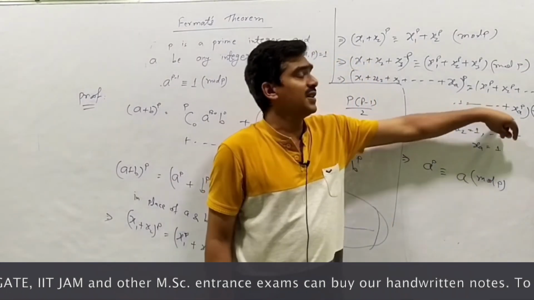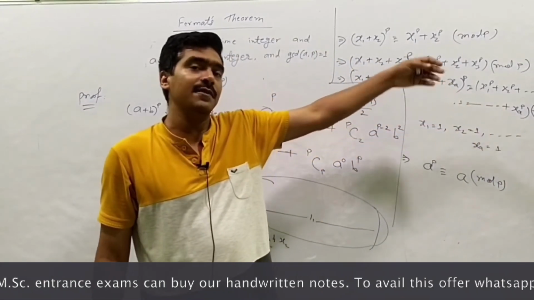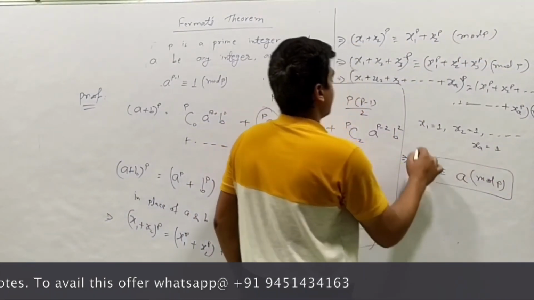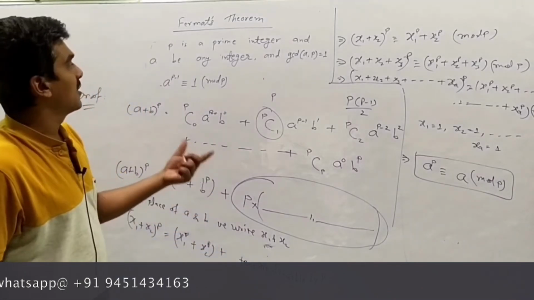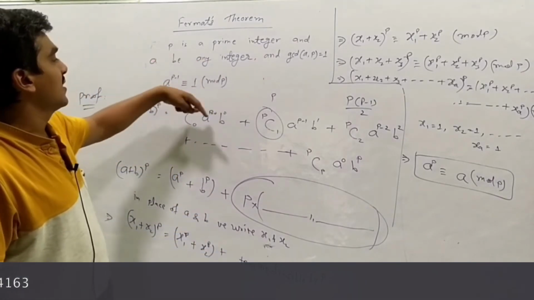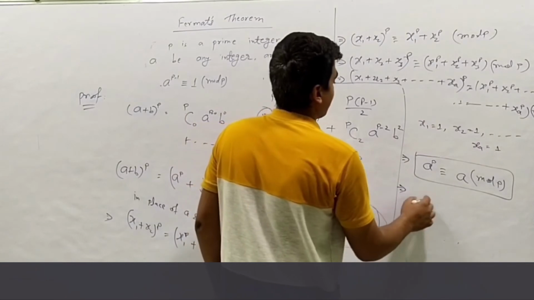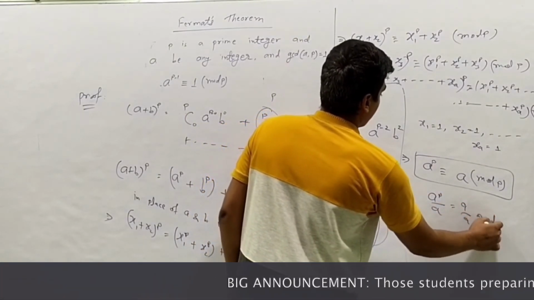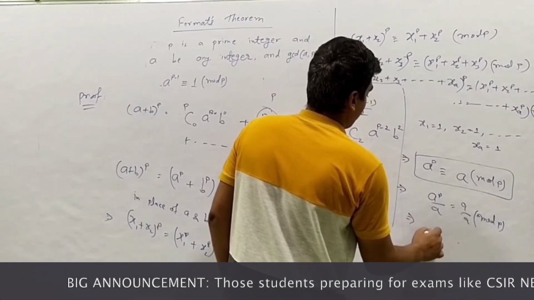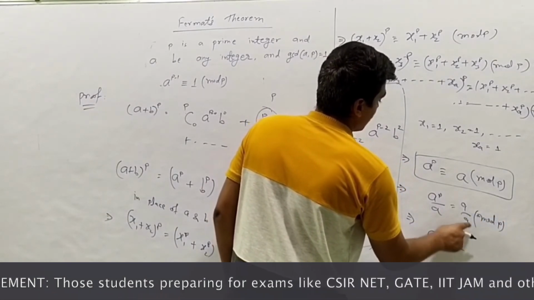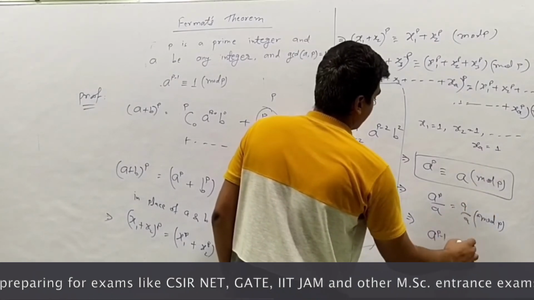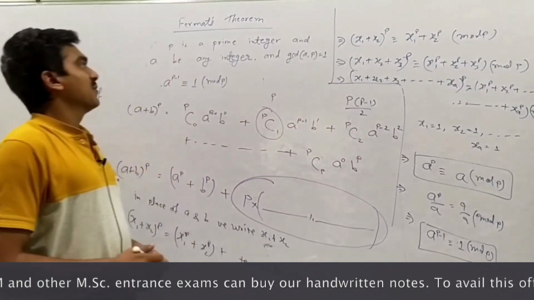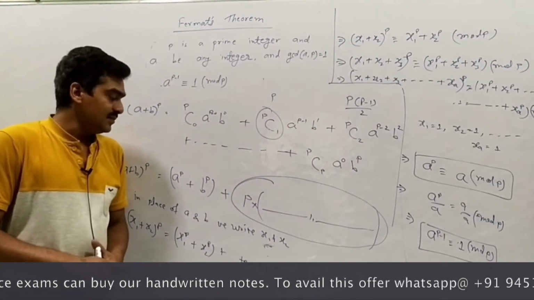If we add 1 ten times, it becomes 10; if we add 1 a times, it becomes a. So this is the condition. This proves Fermat's theorem. If we want the other form, divide both sides by a: a^p divided by a modulo p gives a^(p minus 1) congruent to a by a, which cancels to 1, modulo p. This proves Fermat's theorem.